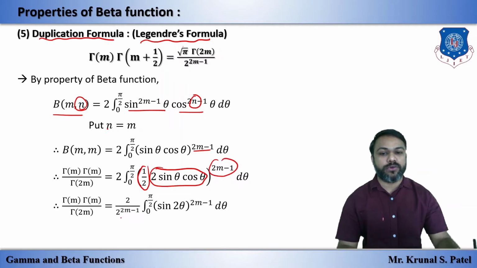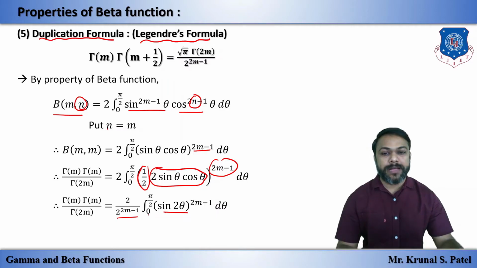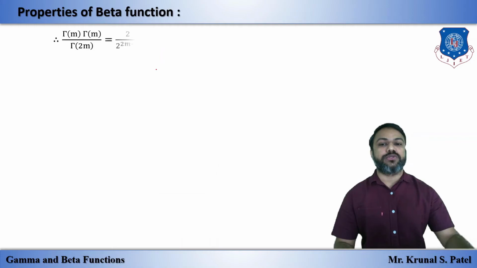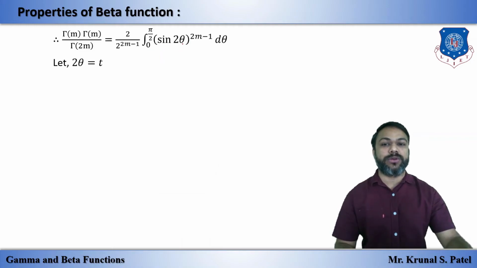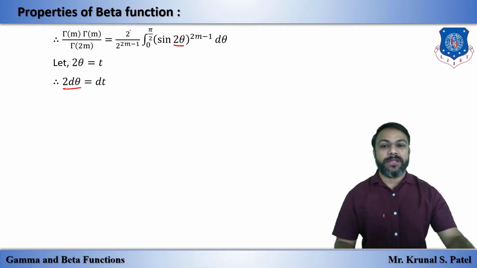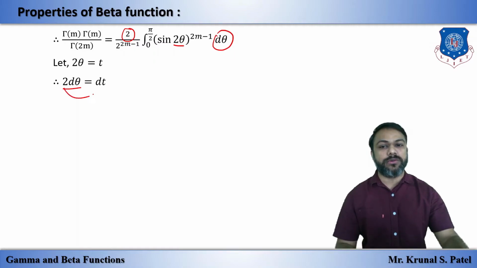So we have 2 raised to 2m minus 1, and this is sine 2 theta. Now we will substitute 2 theta. Take 2 theta equal to t. So 2 d theta is equal to dt, so d theta is equal to dt by 2.